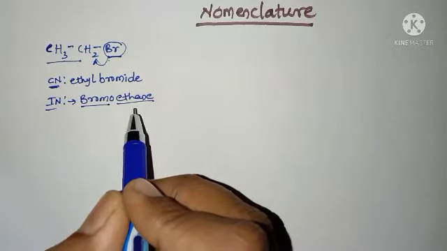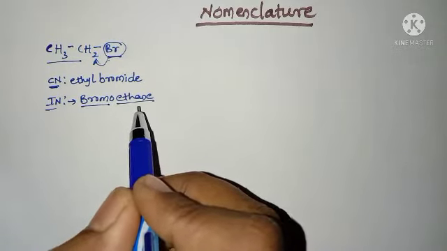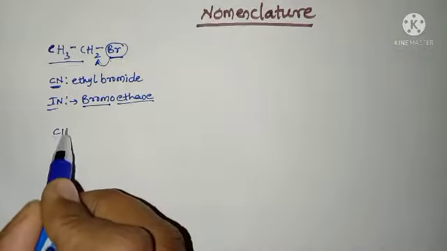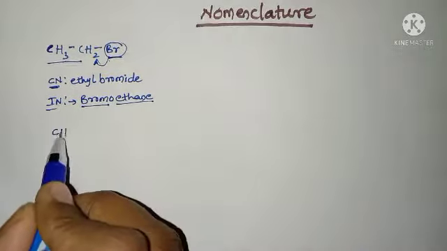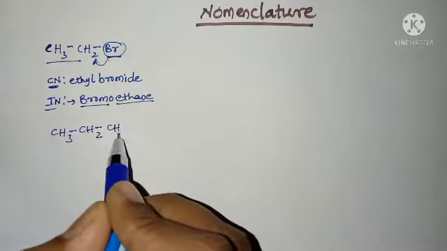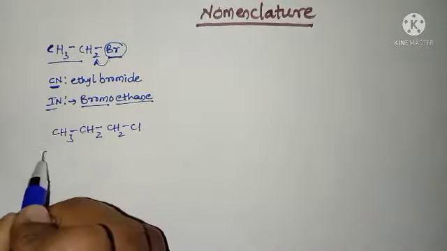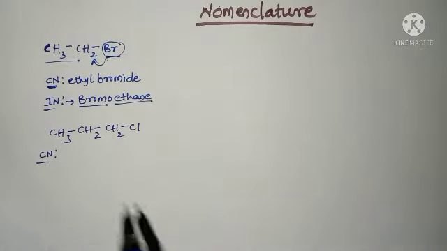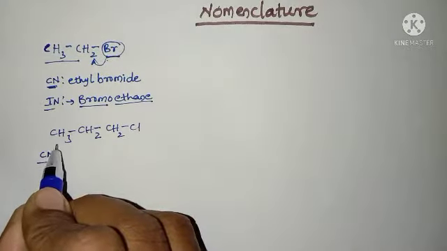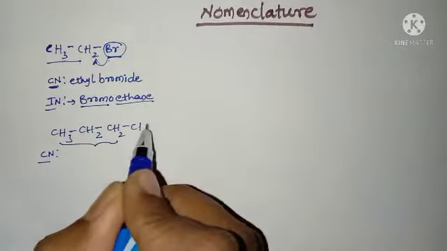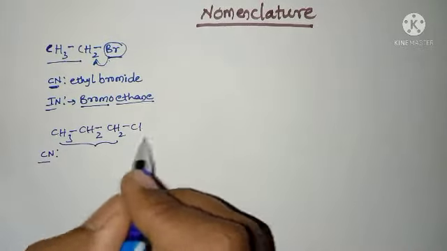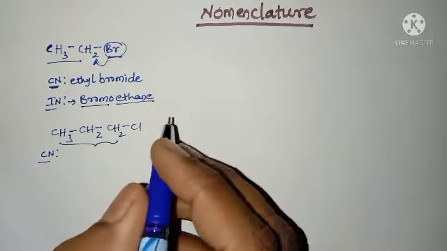I will take one more example, that is CH3CH2CH2Cl. So here the common name of this haloalkane: first we have to name the alkyl group, then the halogen atom.